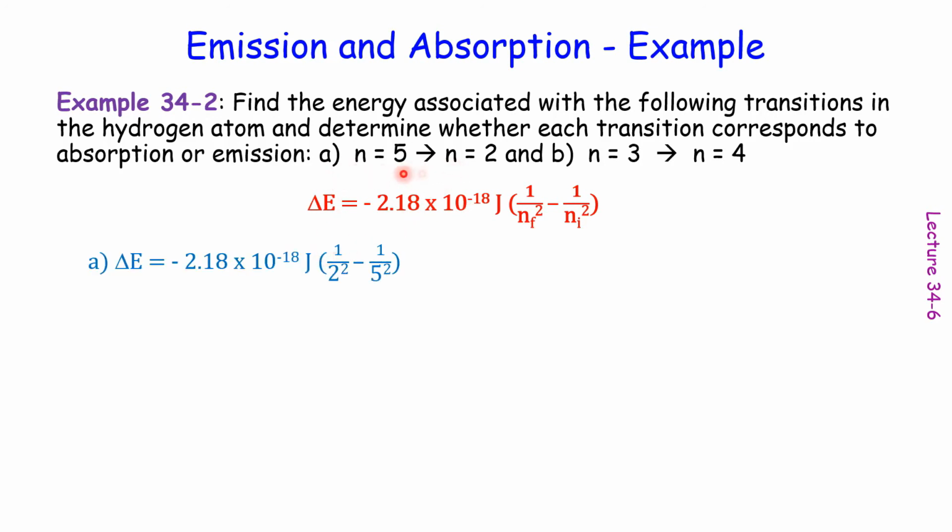So for the first question here, Nf is 2, therefore 2 squared. And Ni is 5. So you just simply carry out this calculation within the parentheses. That's a positive 0.21. Therefore, the answer for the first transition is negative.